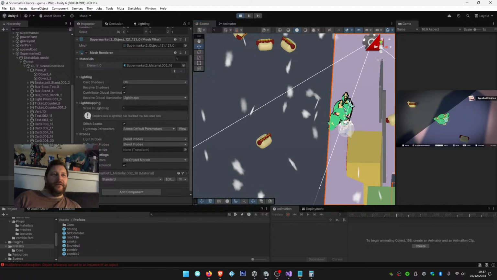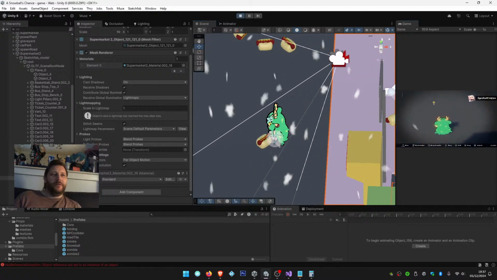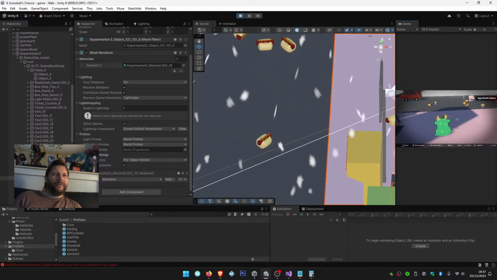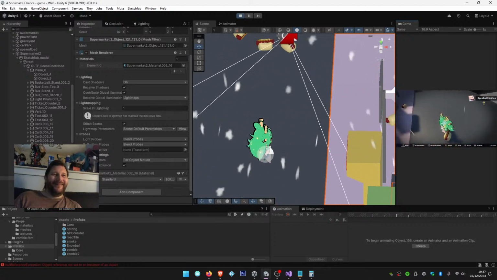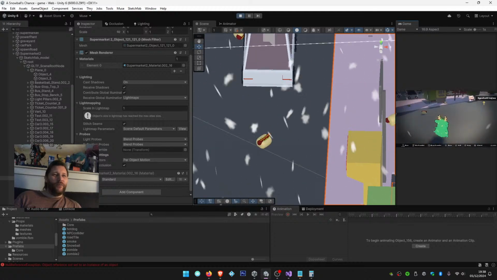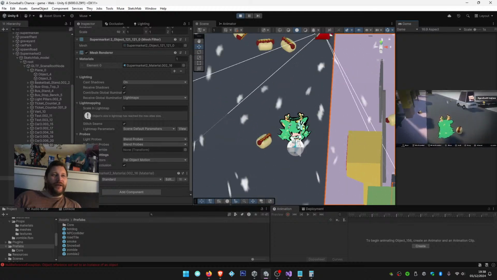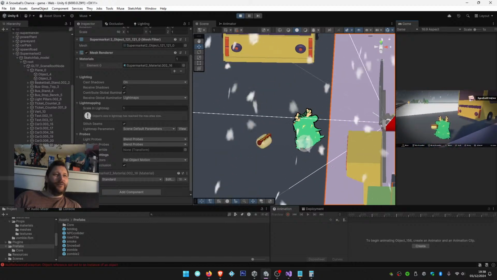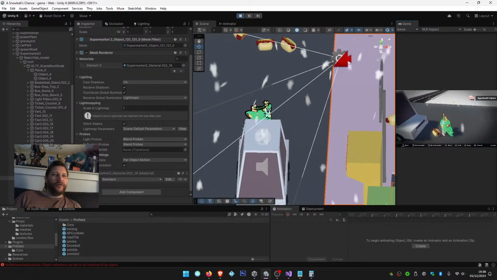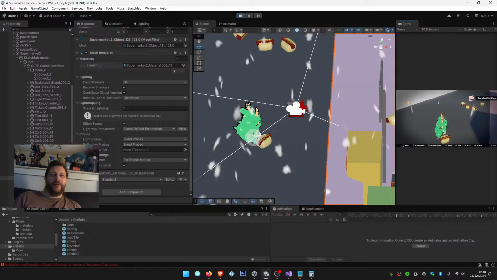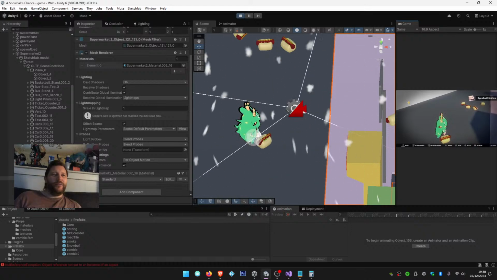What is happening? Why is that one not working and the other ones are? I don't understand why this specific hot dog doesn't telegraph to be picked up. That is so weird.